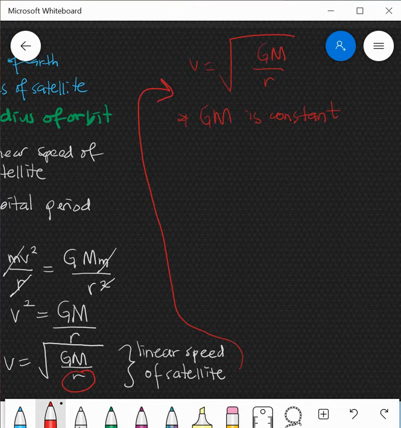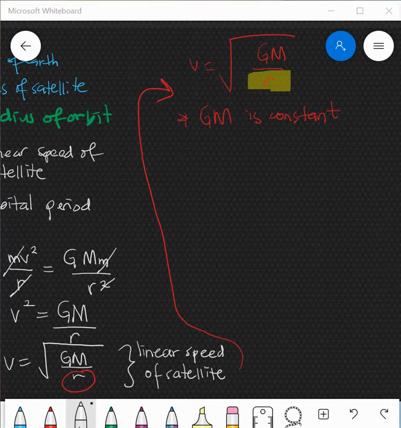M is actually the mass of the earth. Mass of the earth does not change, sebab tu kita panggil dia constant. But r here, r kat sini, dia boleh berubah depending on the position of the satellite. Kalau dia jauh, r dia tinggi. Kalau dia dekat dengan bumi, r dia rendah. So, meaning here, the speed of the satellite only depends on r. Okay, so speed of the satellite, the linear speed of satellite depends on r.